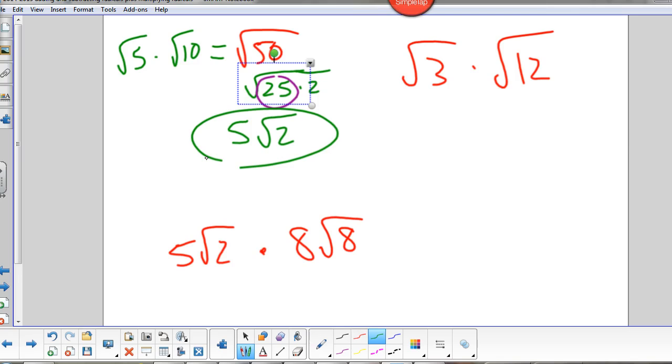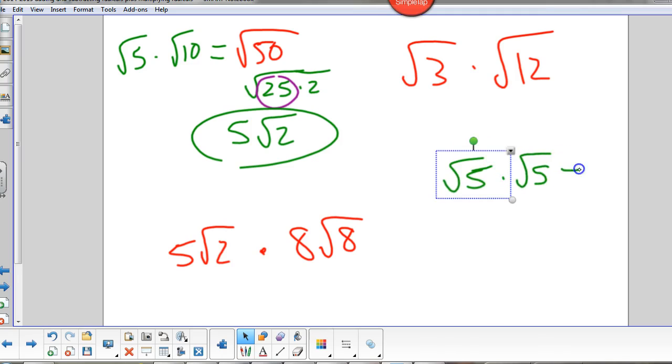But if I go ahead and look at that, before I multiplied, what's the square root of 5 times the square root of 5? Now, some of us are going to say, well, that's the square root of 25, which is 5.